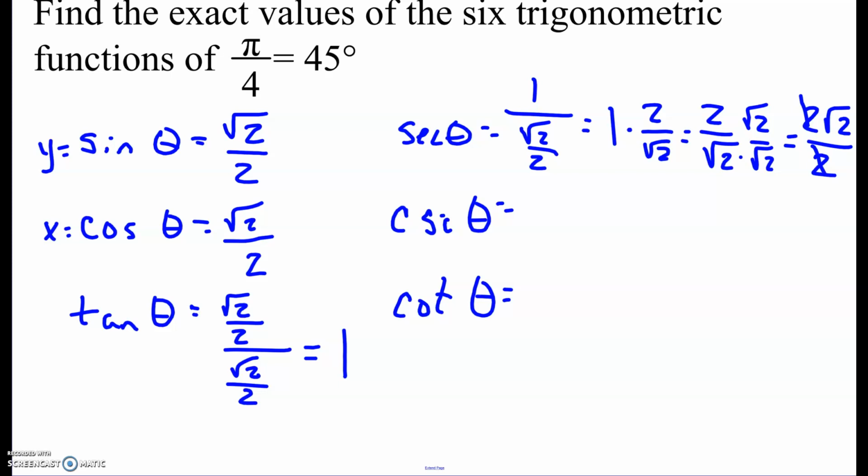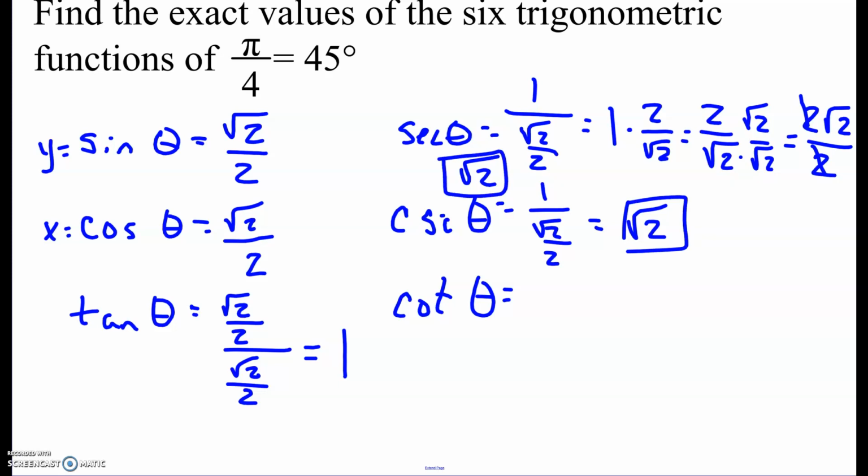So the secant is equal to the square root of 2. For cosecant, this is 1 over y, 1 over square root 2 over 2. So similarly, by simplifying the cosecant, we get square root of 2 as our answer. Cotangent is x over y, which is 1.